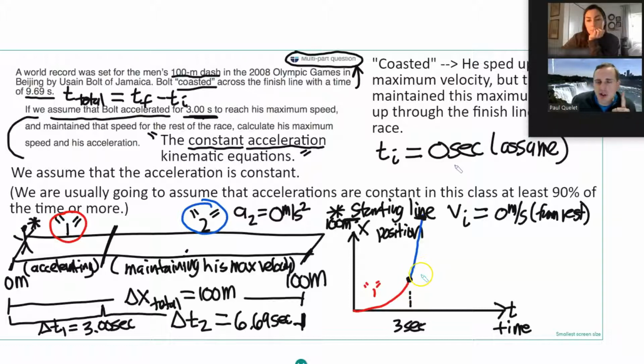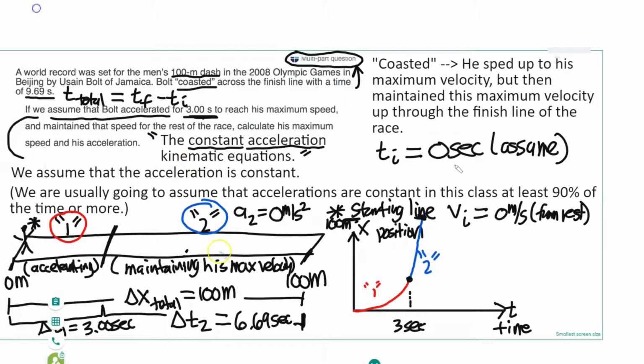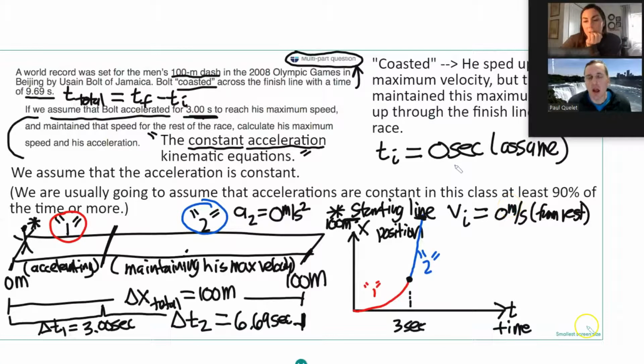That's a very important time, and here's such a key idea, but we have to make sure we write this down. What is true about how we tie segment 1, and I didn't label it in blue, I meant to, segment 1 and segment 2 together as it relates to what happens at 3 seconds? How do we tie the motion of segment 1 to the motion of segment 2 as it relates to that important time of 3 seconds?